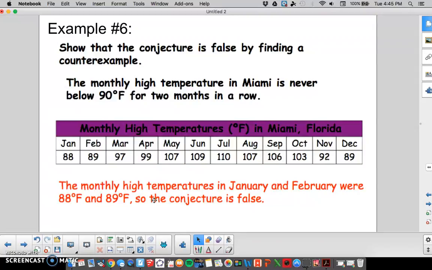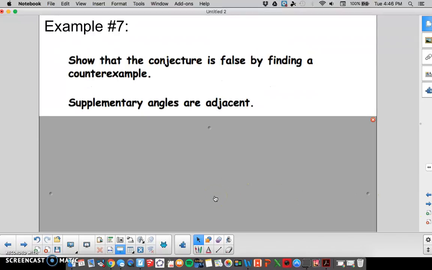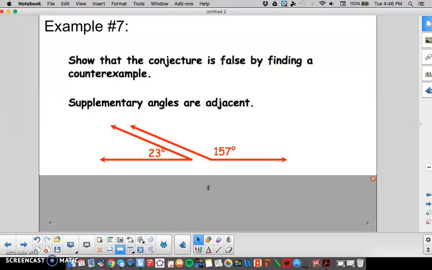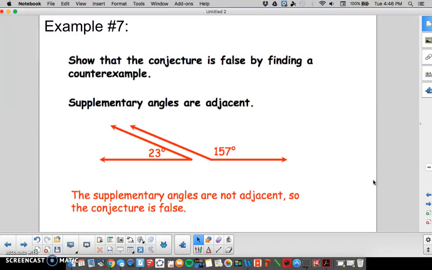And so we've proven that conjecture is false based on the data. All right, in example 7, we have a conjecture that says supplementary angles are adjacent. Remember what it means for two angles to be adjacent. They have to share a side and share a vertex. Well, we could come up with two supplementary angles that are non-adjacent. So because we do not have to have adjacent angles, that conjecture is false.